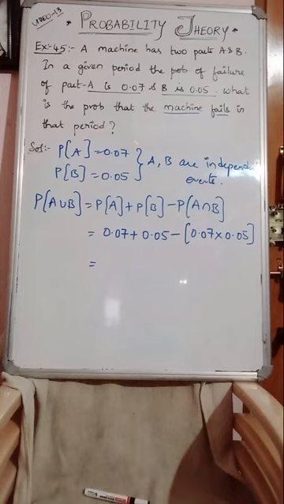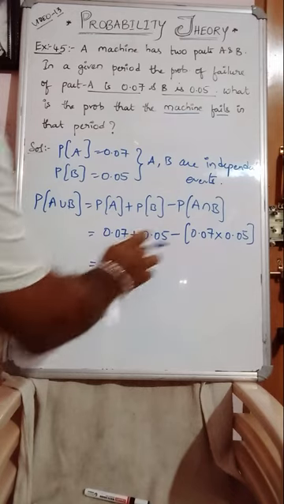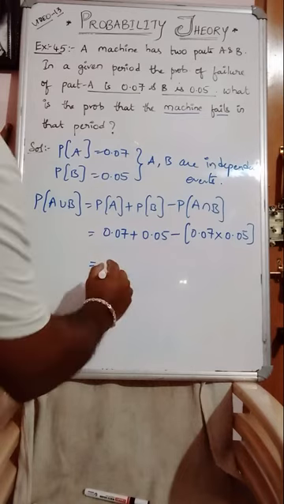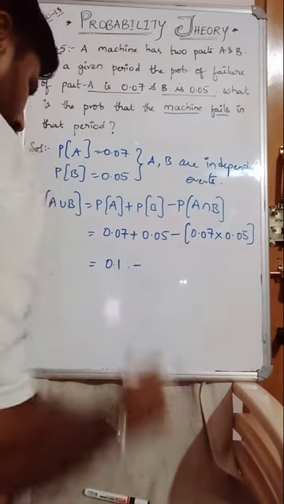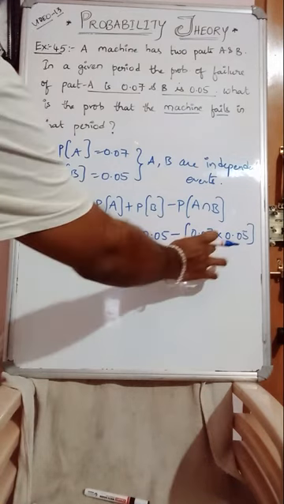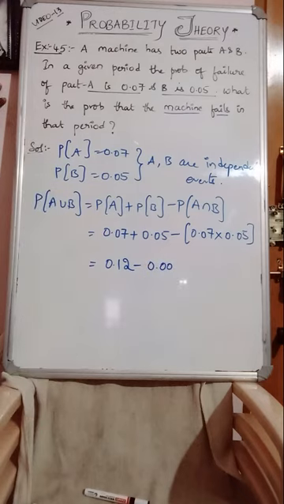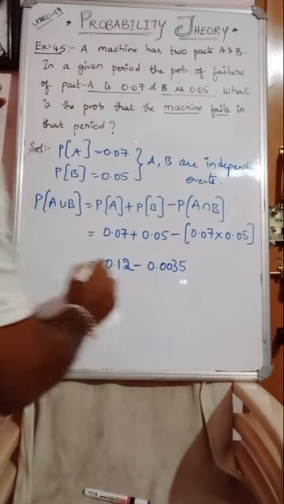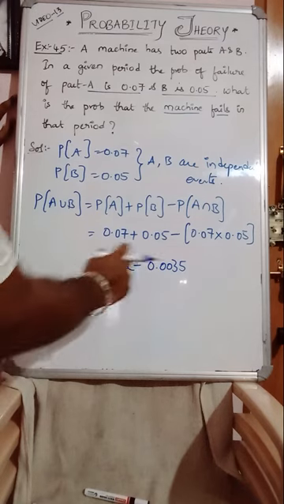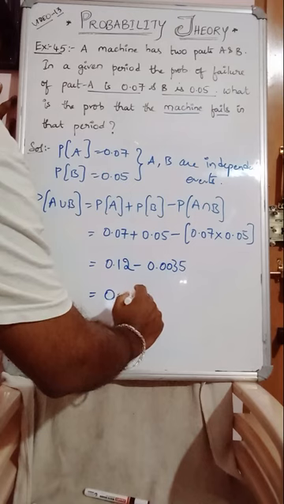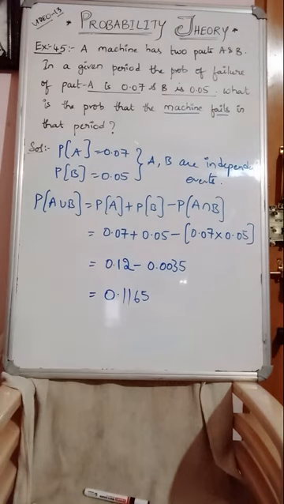Calculate this: 0.07 plus 0.05, how much will it become? 0.12. Then 0.12 minus 0.07 into 0.05, which is 0.0035.